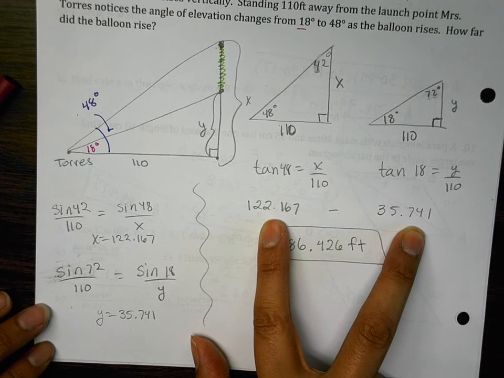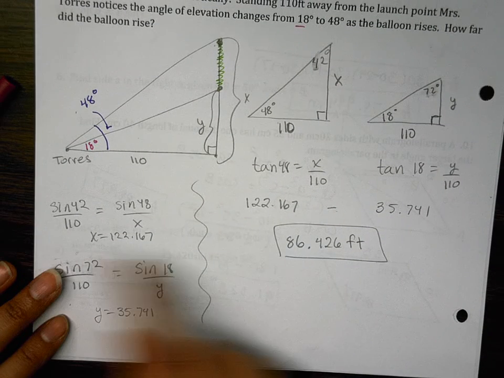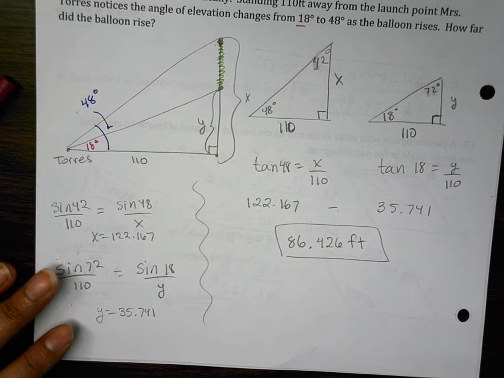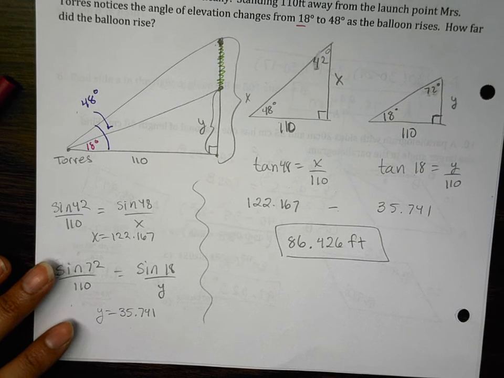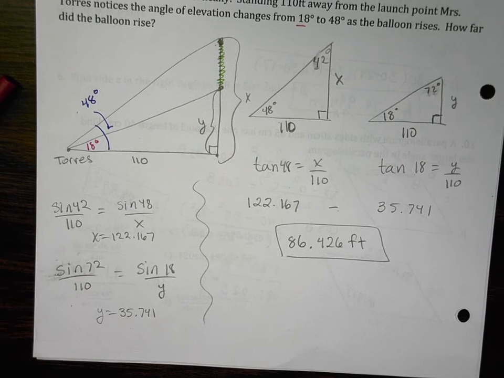Is that what it was? Can you type this in your calculator right here, 122.167 take away 35.741. Did you get it? Okay. All right, any other questions?